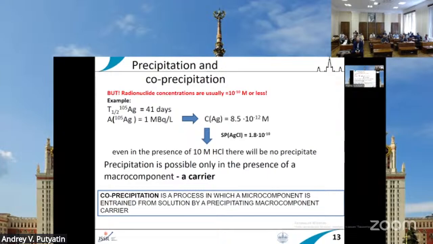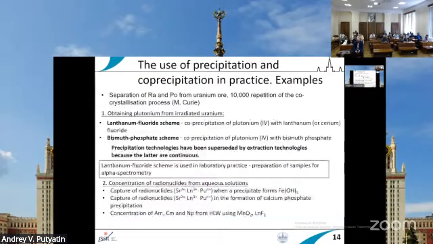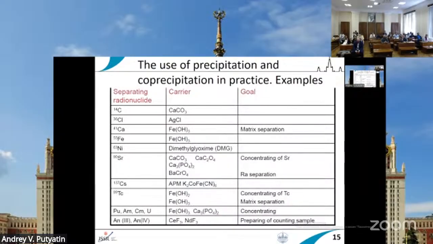And that's why sometimes we cannot use the same substance for precipitation, and we need to use some special additives. As I see, you already see the slides, so let's go to the next step. And also here is a list of carriers that can be useful for separation of individual radionuclides or groups of radionuclides.